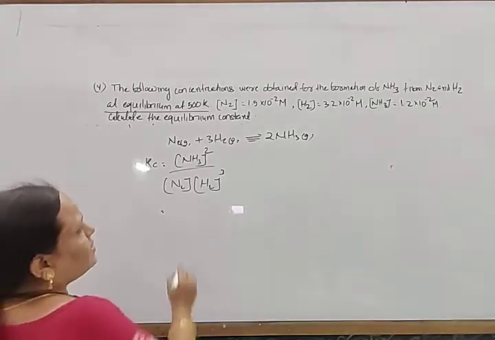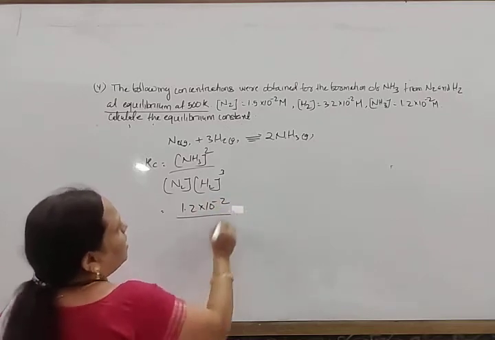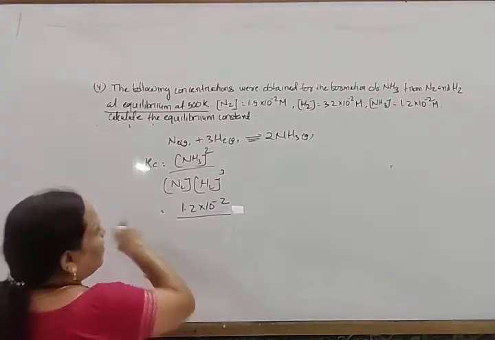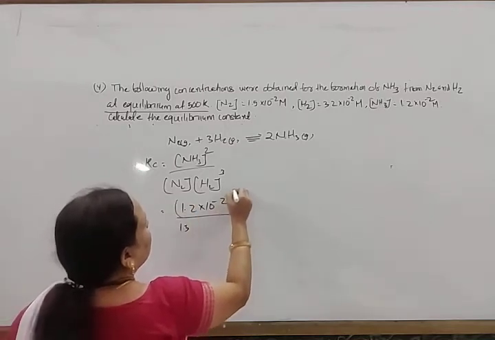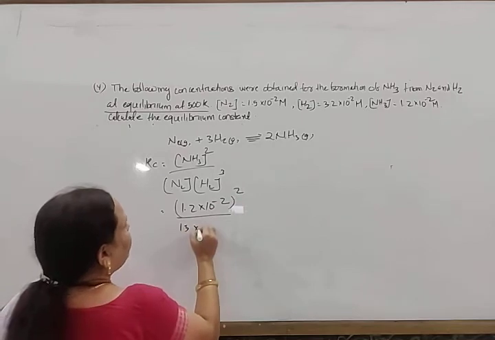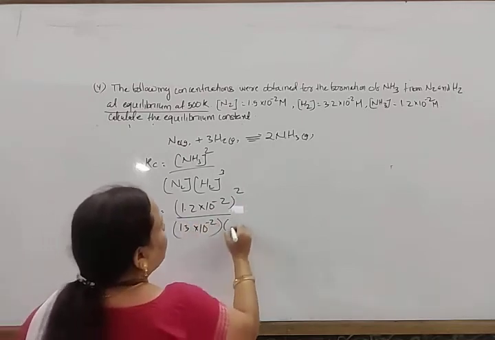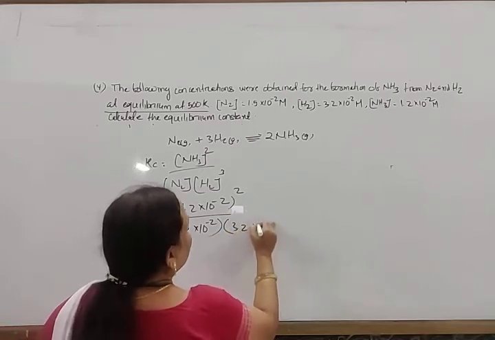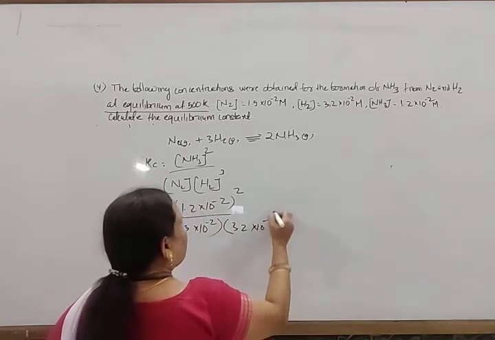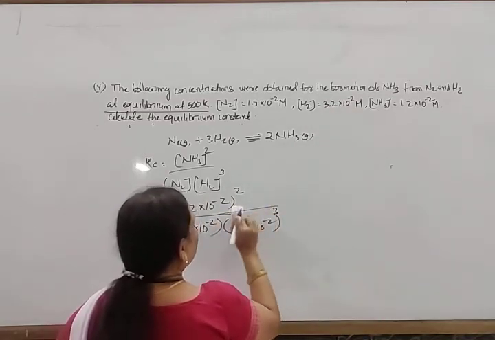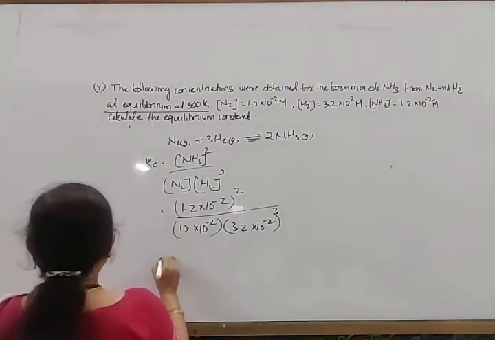NH3 is given as 1.2 into 10 to the power minus 2 M, meaning moles per liter, N2 is given as 1.5 into 10 to the power minus 2, and H2 is given as 3.2 into 10 to the power minus 2, to the power cube.